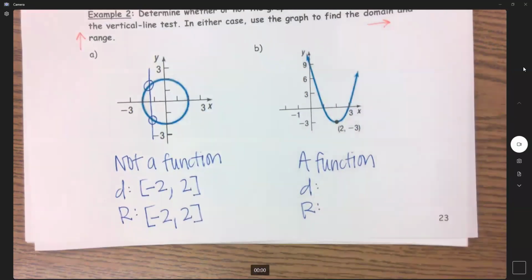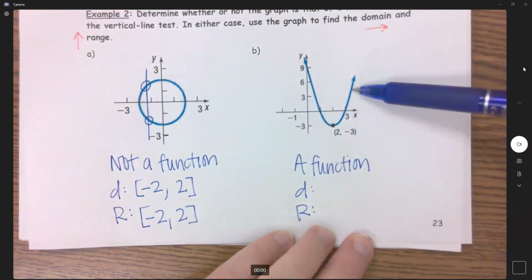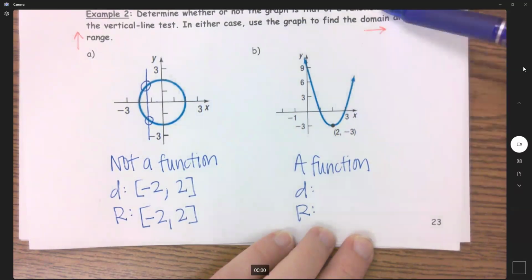Okay, so now domain and range. When you look at this graph, which is a parabola, and we're going to graph this next module, what direction is this graph going? Most of the time when I ask that question, the class will say it's going up. We can very clearly see that as these lines continue, they're going to keep going up.